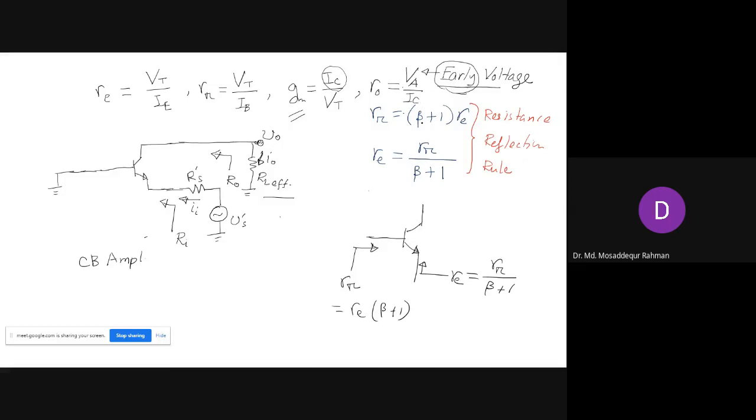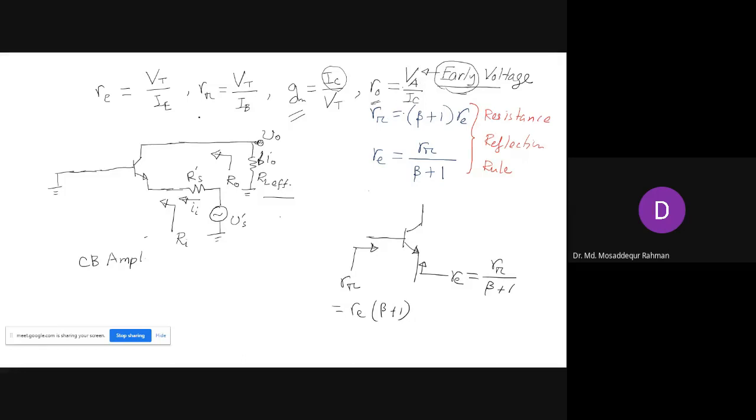He developed this technique to determine this voltage, which you can use to determine R naught, the output resistance of the transistor. It's named after him. So R naught is VA by IC.